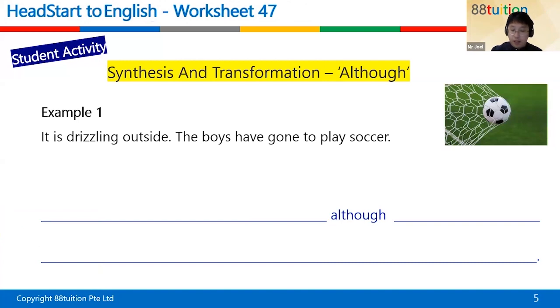So over here, if I wanted to write, it is drizzling outside, the boys have gone to play soccer, right? Using the word although, what do I have to put in front? What do I have to put behind? Jared, can you tell me? The boys have gone to play soccer, although it is drizzling outside.